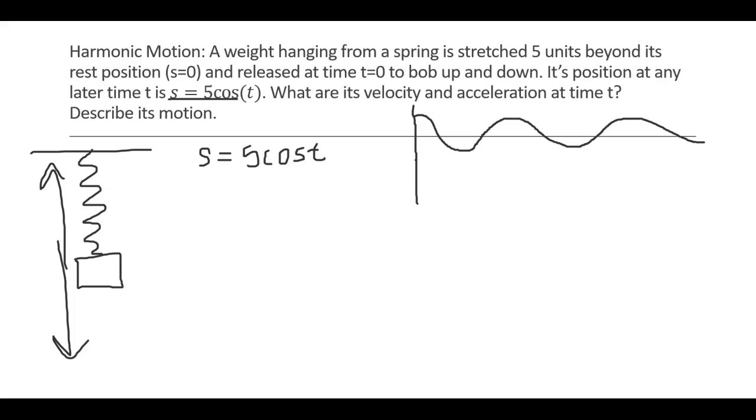The cosine starts high, goes low, goes high again, goes low, etc. Well, that's what our position is represented by. This spring is going to go high, low, high, low, high, low. And this line acts like when the spring was at rest.